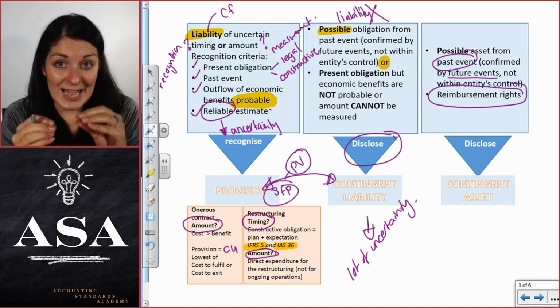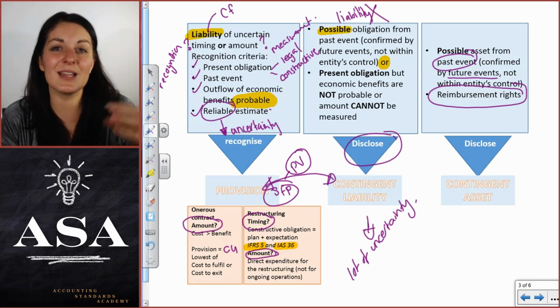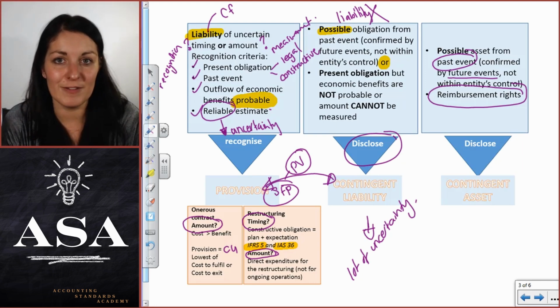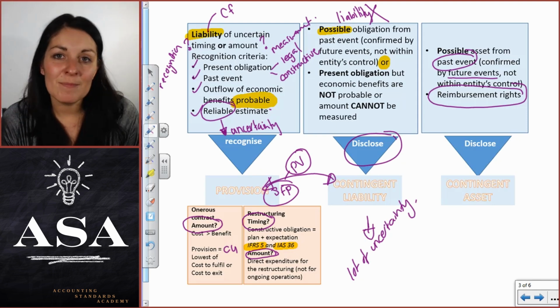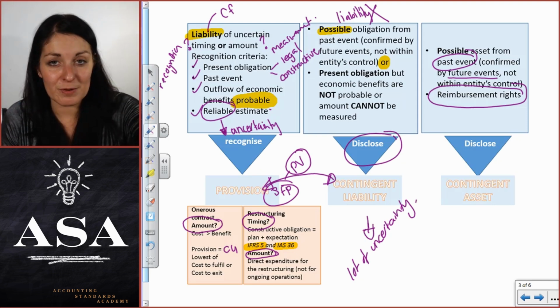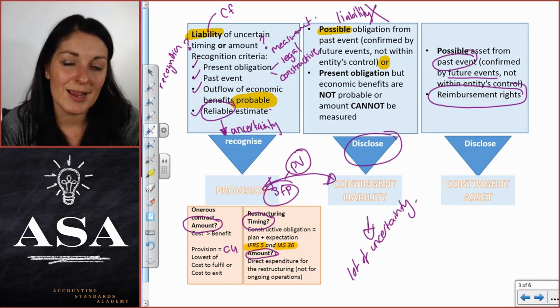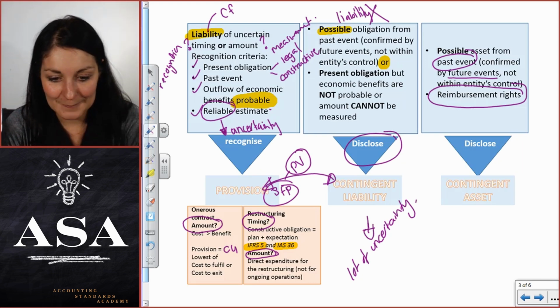Take note, you're not allowed to set off this reimbursement asset against your provision, so you cannot net it off in your statement of financial position. However, the expense as a result of the provision could be netted off against the income that you receive from the insurer in your profit and loss.